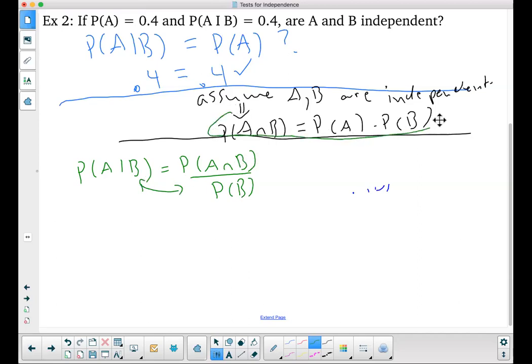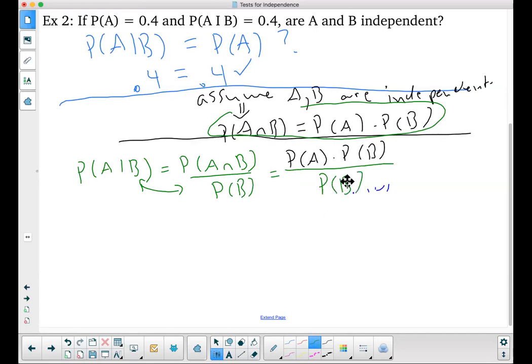If they're independent, this holds. So we can rewrite the numerator as probability of A times the probability of B, whereas the denominator stays the same.